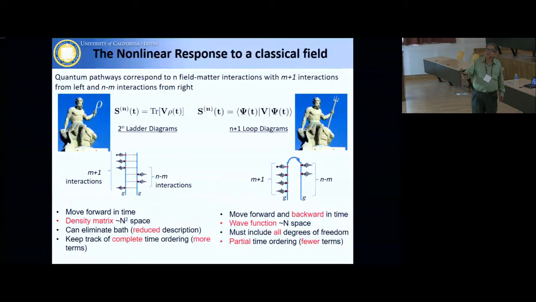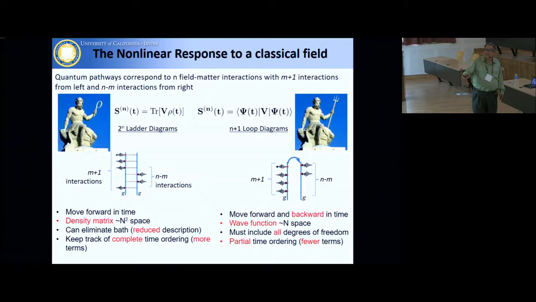When you do it with the wave function, you write such a loop and you go forward and backward. The Keldysh loop has been mentioned here a few times. So this is equivalent to the Keldysh representation, where you go forward and backward in time.